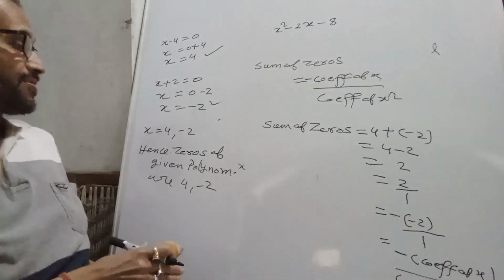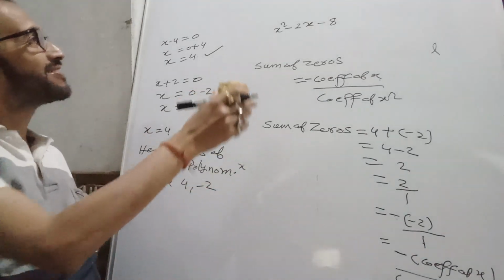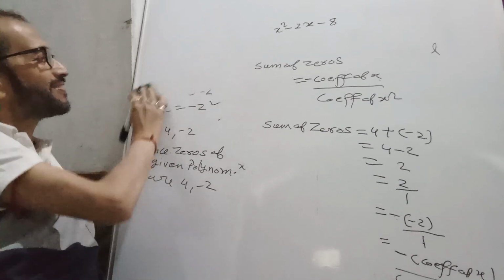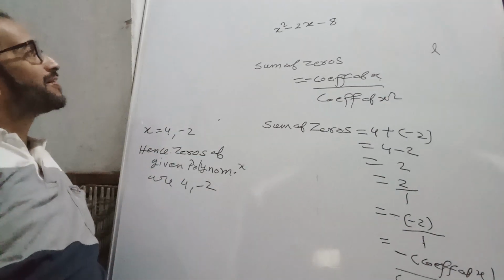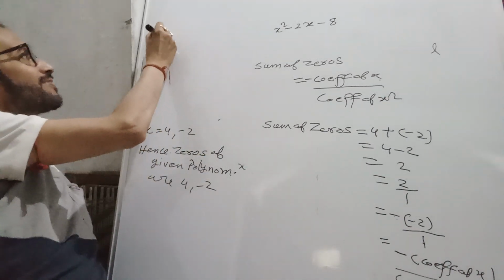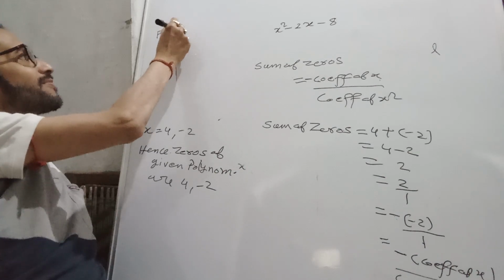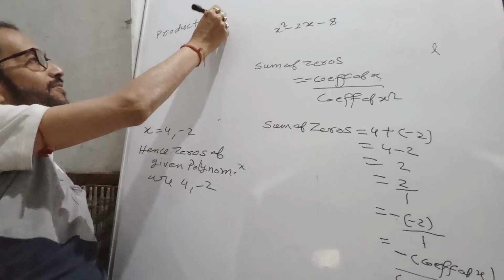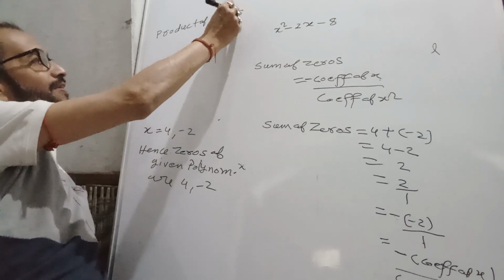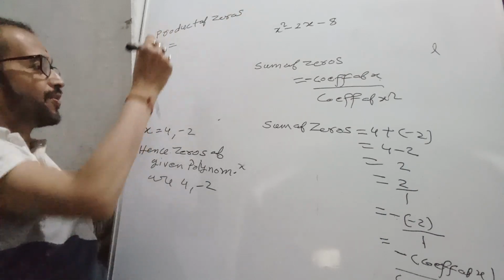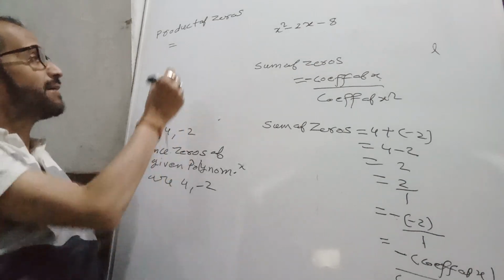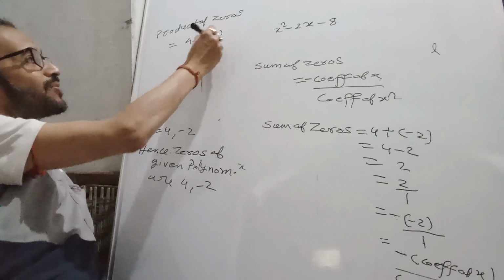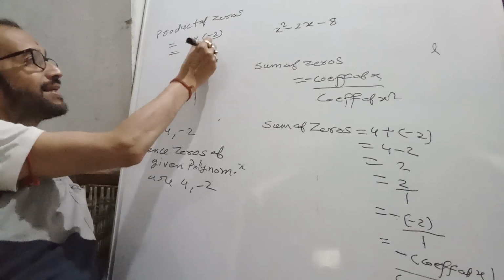Now, product of the zeros is equal to, your zeros are 4 and minus 2. 4 into minus 2, and this is equal to minus 8.